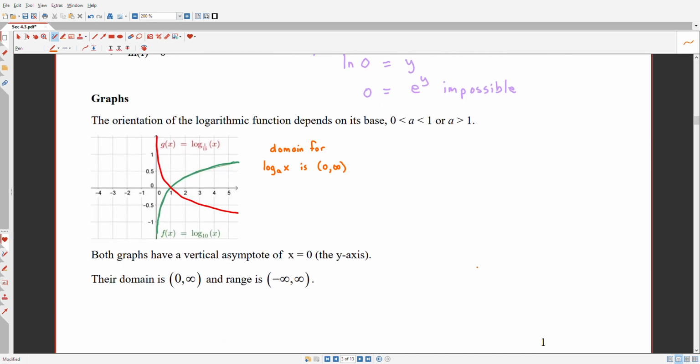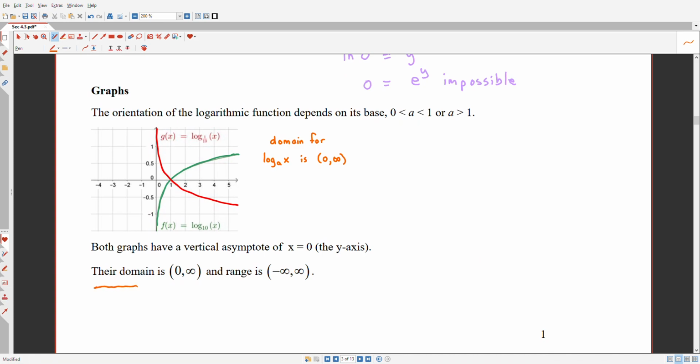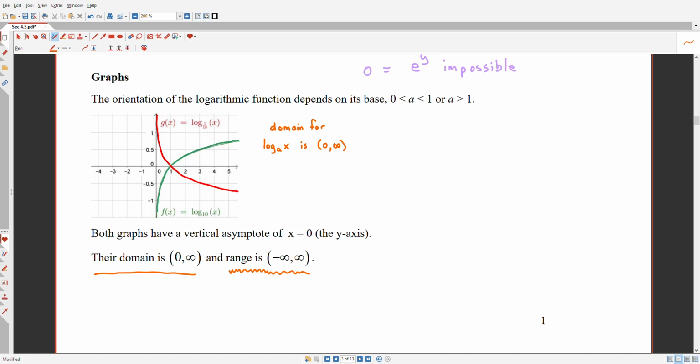Okay, that's mentioned down here in these typed notes. And it also says, hey, look, the range of the outputs of the natural log of x, right? If I look at this red graph or this green graph, log base a of x, I can get any positive number and I can get any negative number, right?